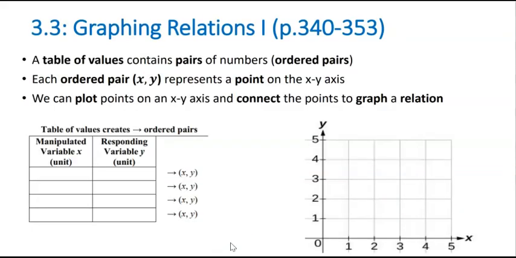A table of values is really just a way for us to make ordered pairs. They're pairs of numbers. So each ordered pair, the x and the y, represents a point on the xy axis.